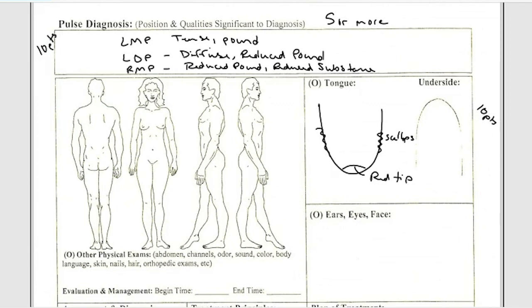Maybe you've noted that there's some lines in the back of the tongue. If you don't know what that is, that's fine, but if you see it, go ahead and draw it. But this would actually be something like kidney insufficiency. And let's say that the overall color of the tongue is pale.